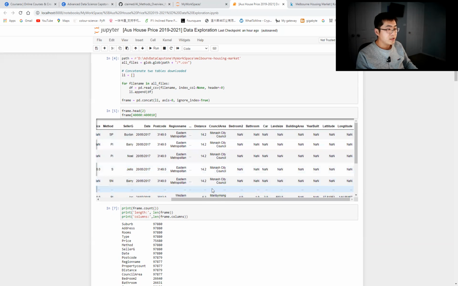Distance, which refers to the distance from the city to the suburb of the property. Actually, I think it's just to the suburb the property was in, in kilometers. Council area, of course, that influences the price of the house. Bedroom, bathroom, car lots, land size, building area, year built.